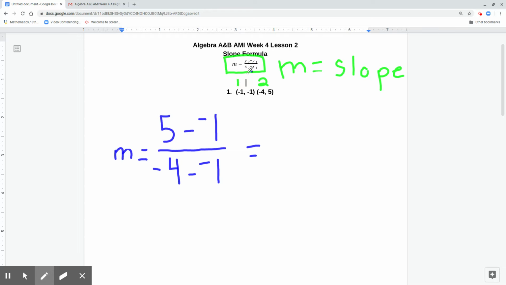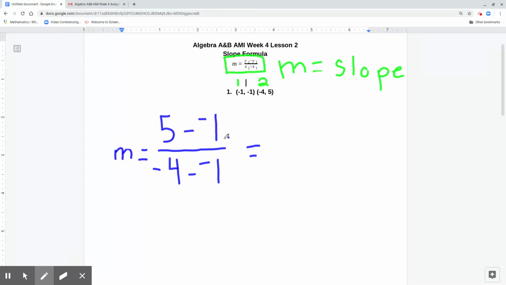Take notice that whenever I plug in the values, I don't have these little 1s and 2s anymore. Those were just placeholders to help us understand where the number comes from. So now let's take a look at the denominator, the numbers on bottom. So we have negative 4, the x value from point 2, minus negative 1, the x value from point 1.